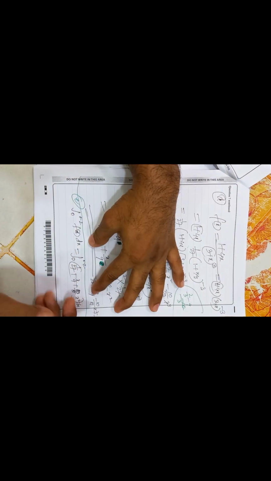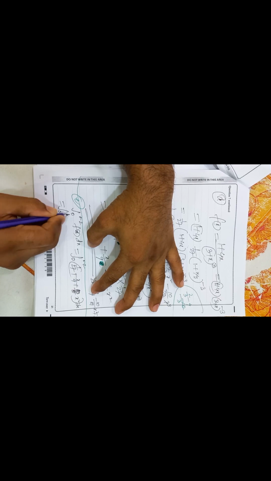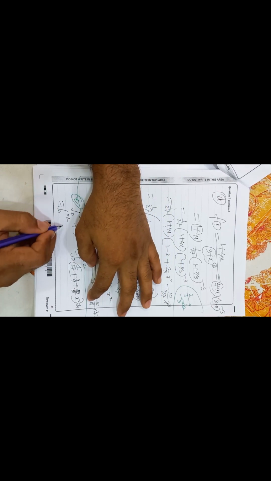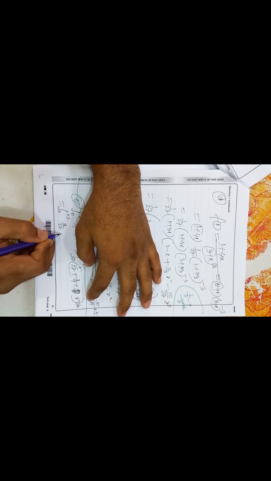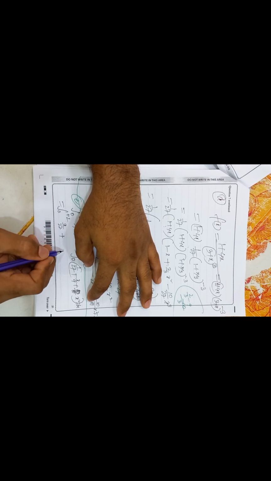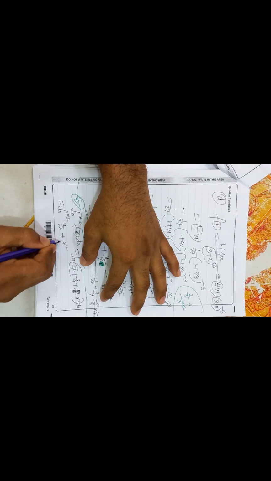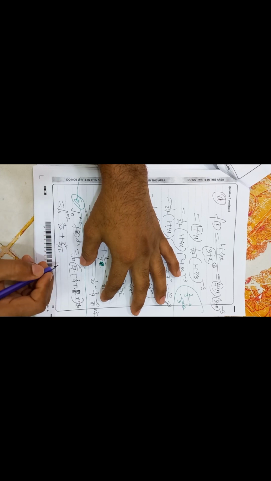So if I integrate, we get the integral from 0 to 0.2. 1 by 27 integrates to x by 27, plus x by 9 integrates to x square by 9 times 2.